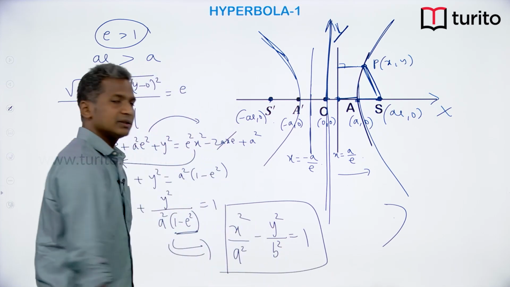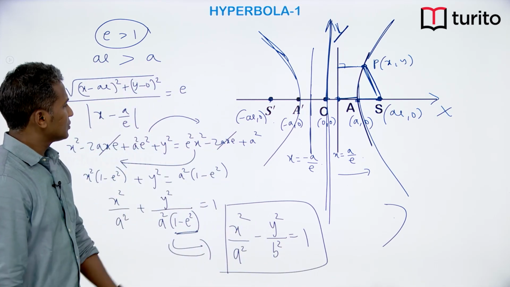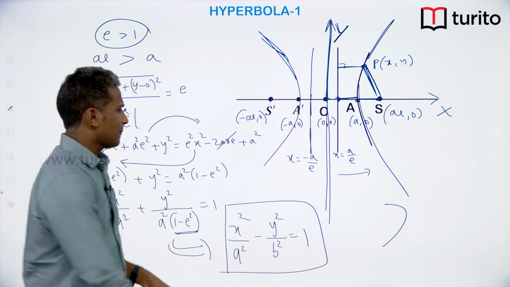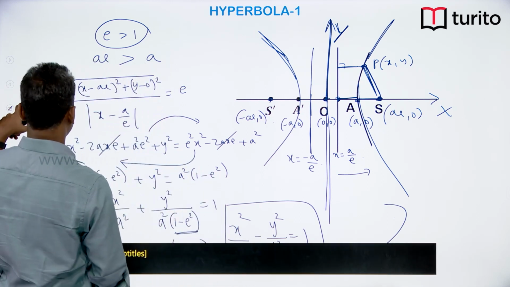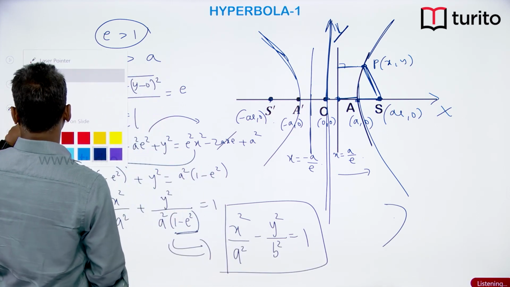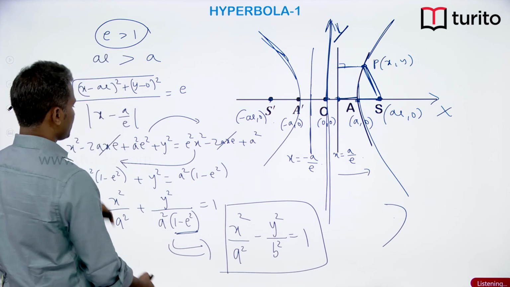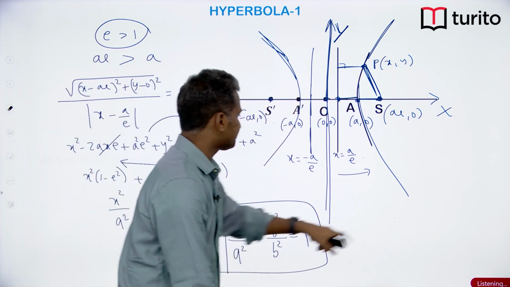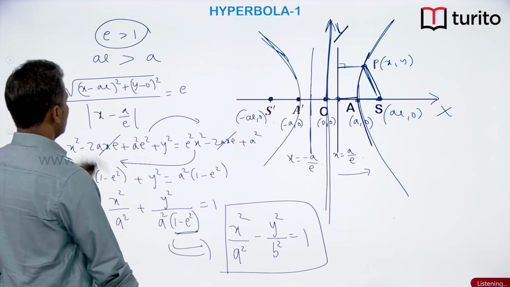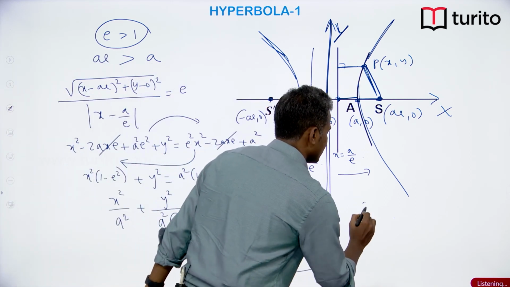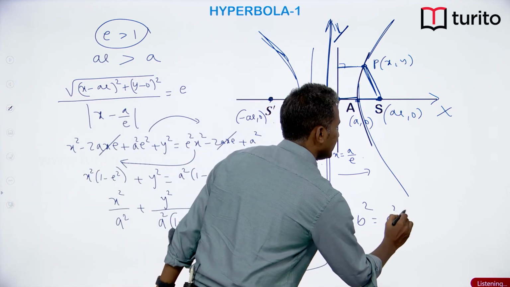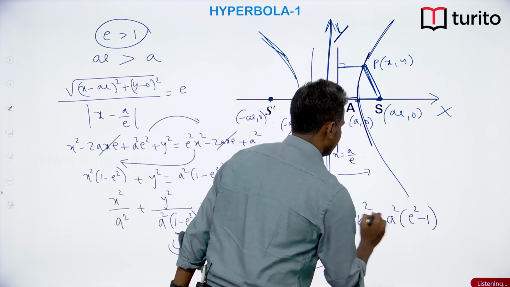This becomes our standard equation. So, what is B square here? B square is basically equal to A square into (E square minus 1).